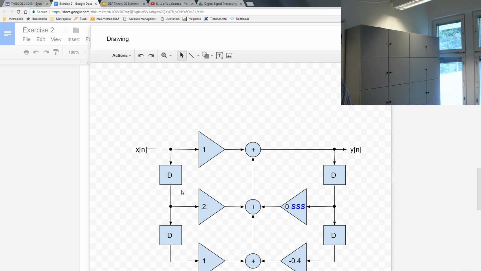Just a reminder about when you are taking those feedback terms, it is very easy to make the sign error. This one shows exactly how this y n actually should look like.